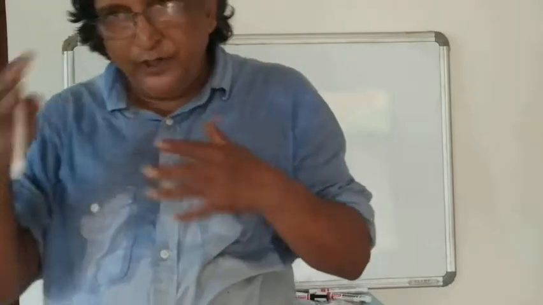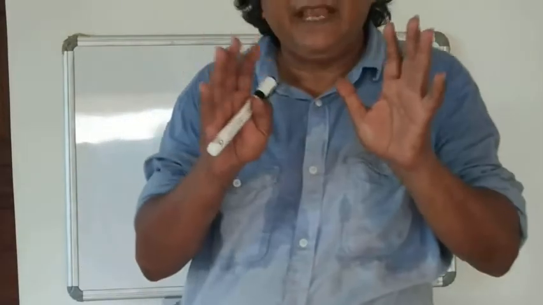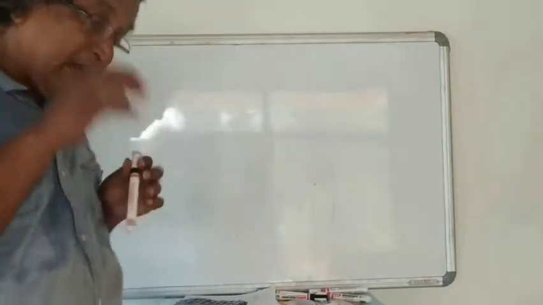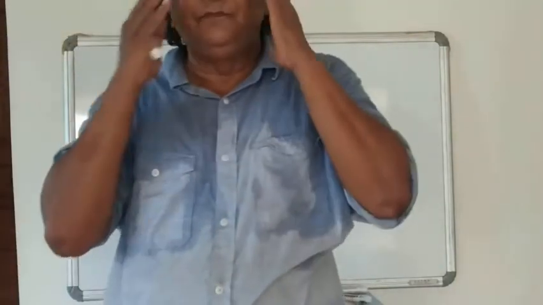How it moves is a different question that I don't wish to address here. It's too complicated for you at this moment. But what I would like to emphasize is that two options happen.